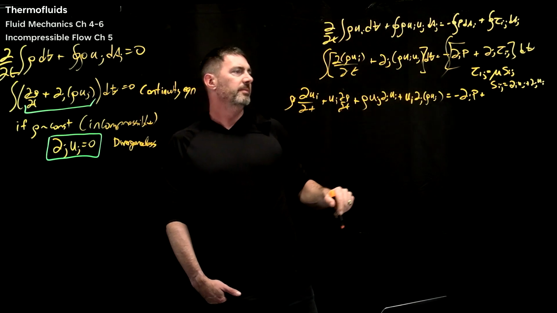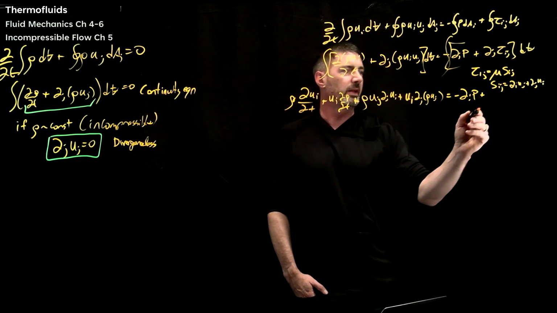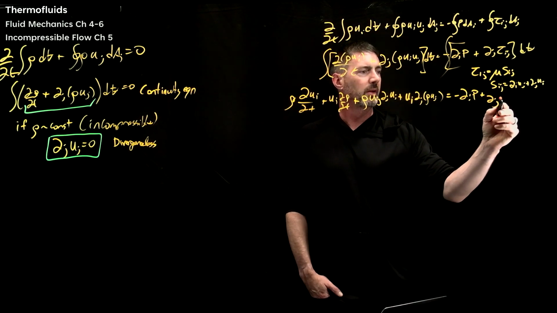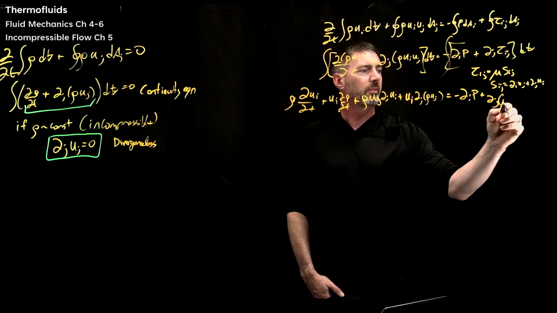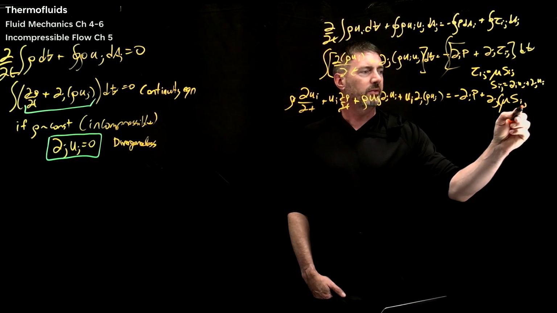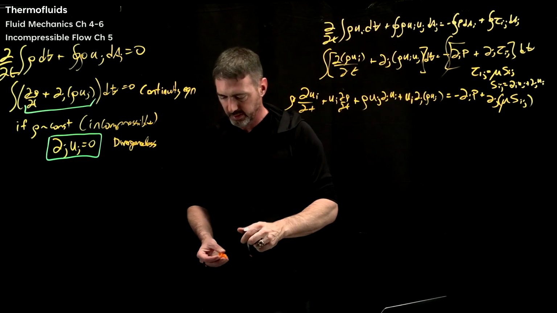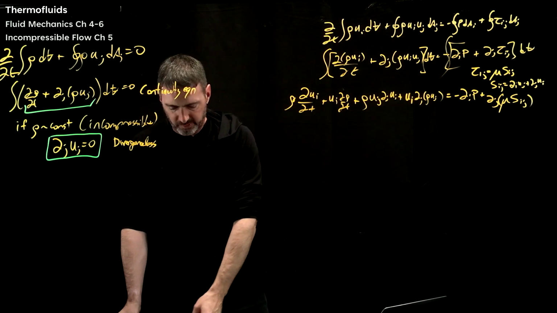That'll make sense. And so then this is del_j, I know I'm running out of room here, of a mu, and then I'll just use S_ij since I'm running out of room for a second. So you'll see where this is going in, again, incompressible flows.